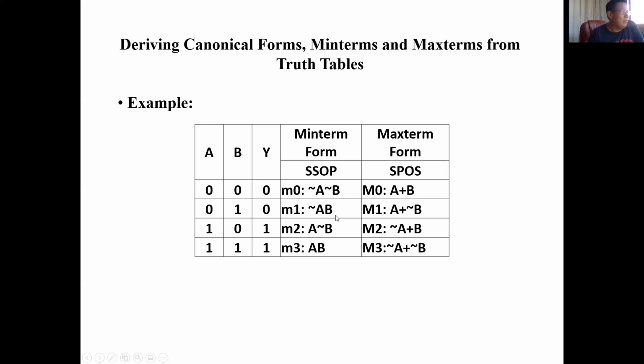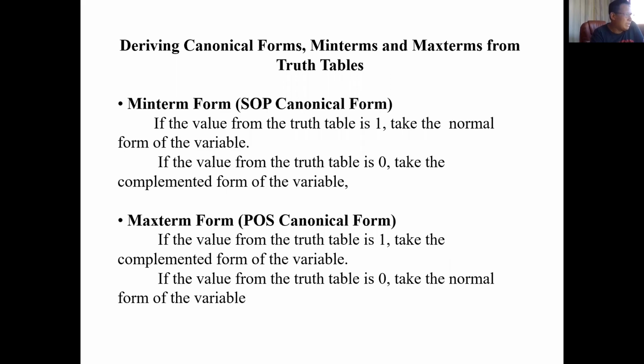Because A is 0 and B is 1. When you have A, not B, it's because A is 1 and B is 0. And you have AB because A and B are both 1s. Do you follow? That's how you write the min term form. We take the complemented form when we write the min term form.